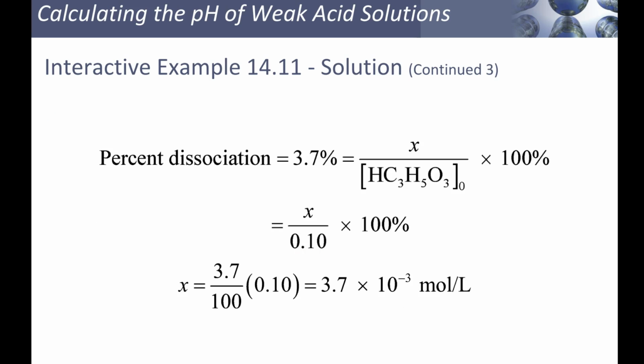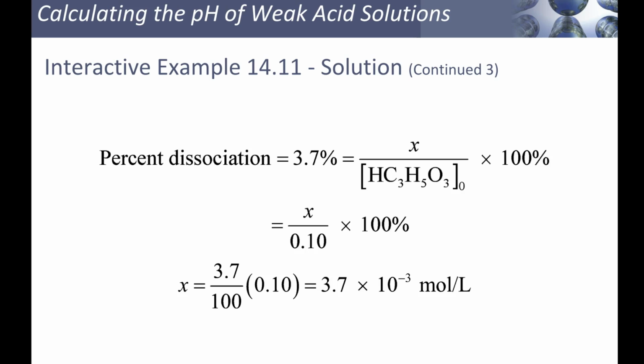But in this case, I'm going to find x by determining what it is, because I have a 3.7% dissociation given to me. Since I know my initial concentration of the lactic acid, I know that only 3.7% dissociates. So 3.7 times 10 to the negative 3 molarity is my x. My x is my H plus.